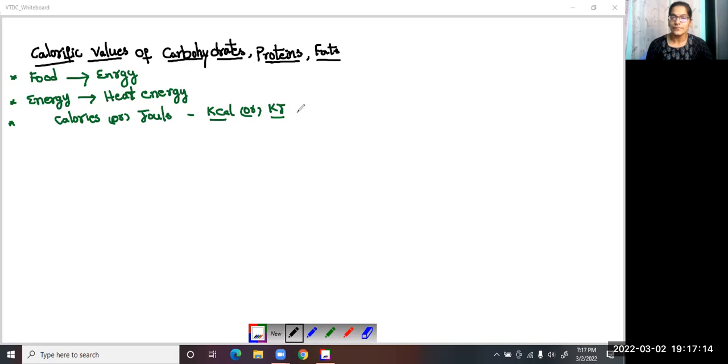We define a kilocalorie or kilojoule as the amount of heat energy required to increase the temperature of 1 kg of water by 1 degree centigrade.